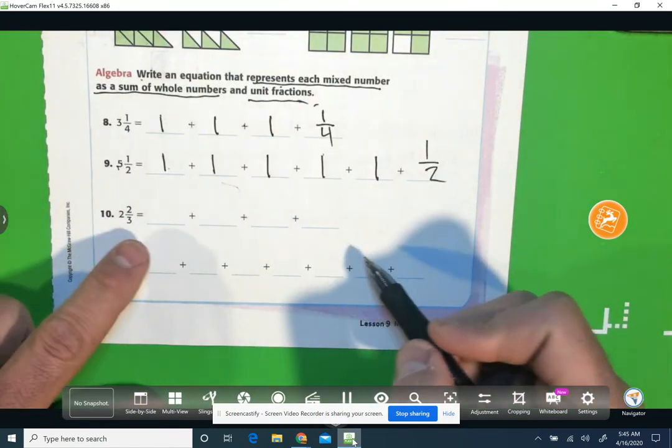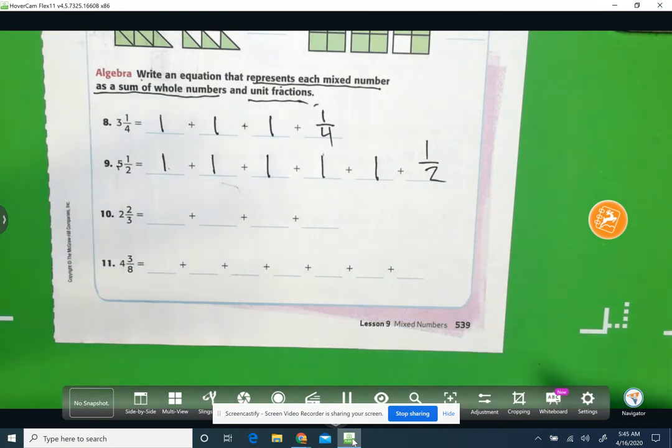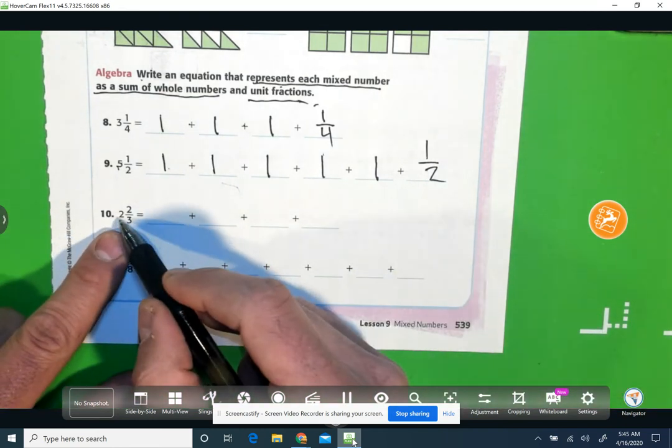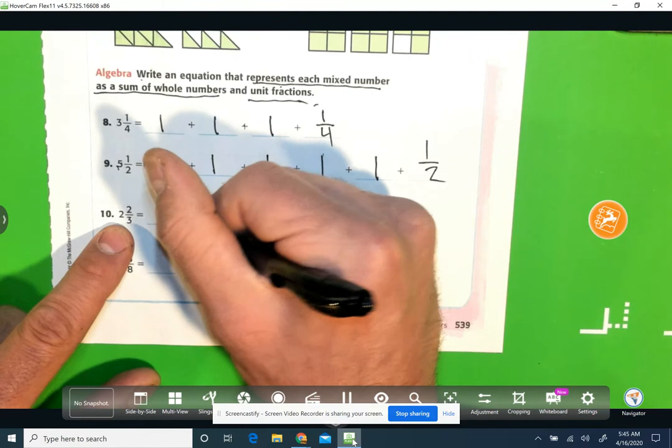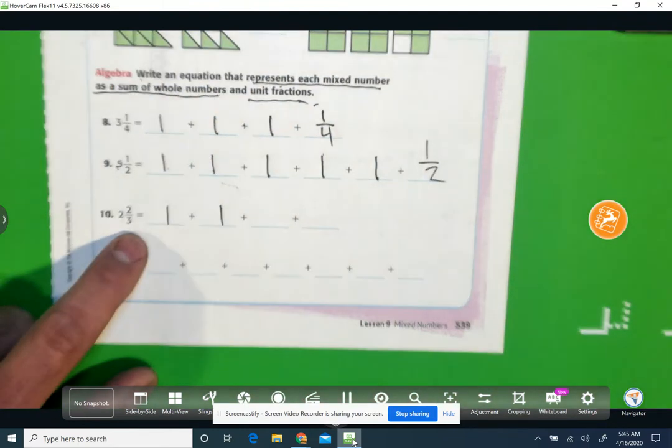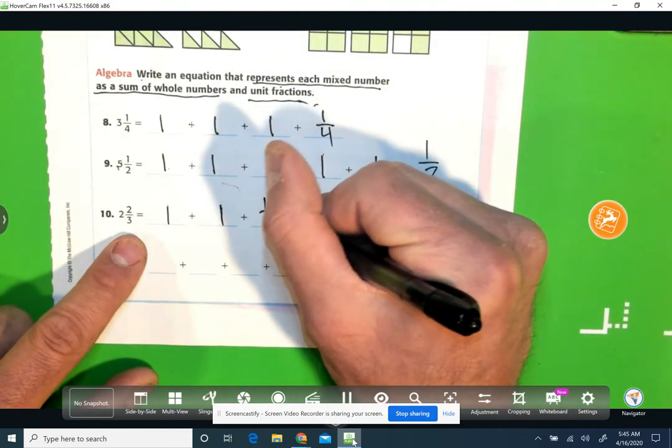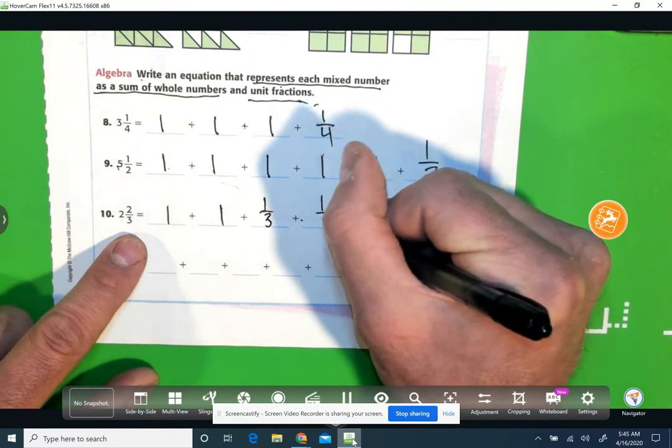So here we can look at 2/3 as the sum of unit fractions as well. But we'll start with our 2. 2 is the sum of 1 plus 1. 2/3 is the sum of 1/3 plus 1/3.